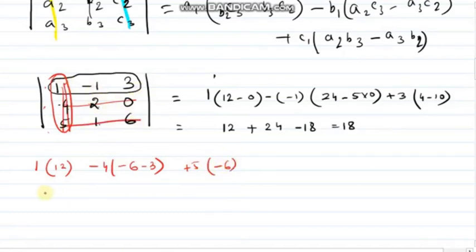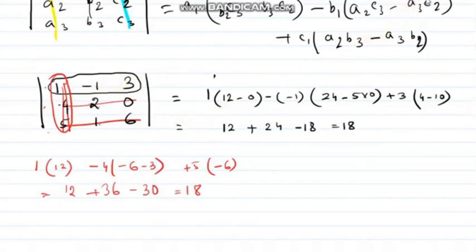So it will be 12 minus 9 plus 36 minus 30. So the answer is 18. So you can use any row and any column. For that row or column, the corresponding element into its cofactor will give the value of the determinant. It doesn't matter whether you use the first row, first column or third column, you can use anything. Is it fine till now?